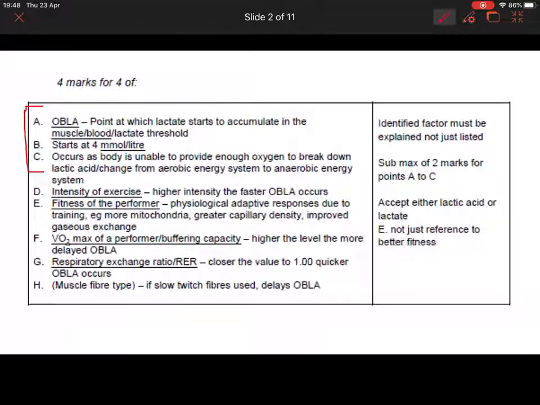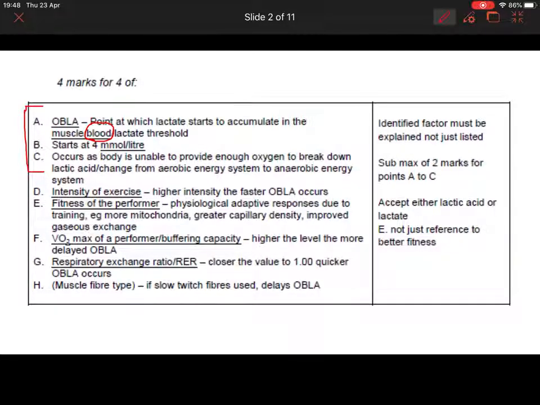So you can see A is a good definition of what OBLA is. And the other good thing about OBLA, the definition is in the key term: onset, blood, lactate, accumulation. Okay, and notice that the word blood is underlined, so you'd have to make sure that you refer to it in the blood.